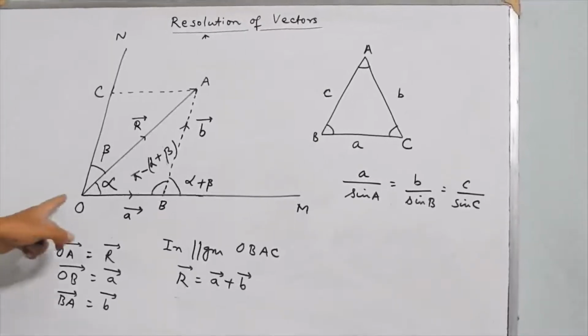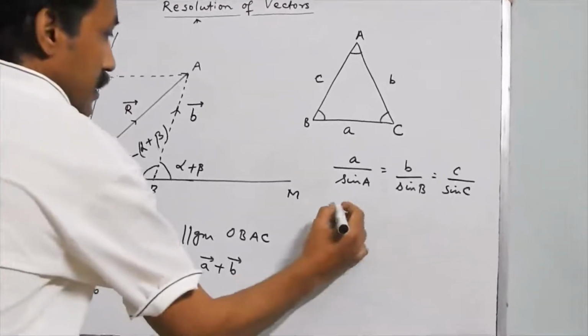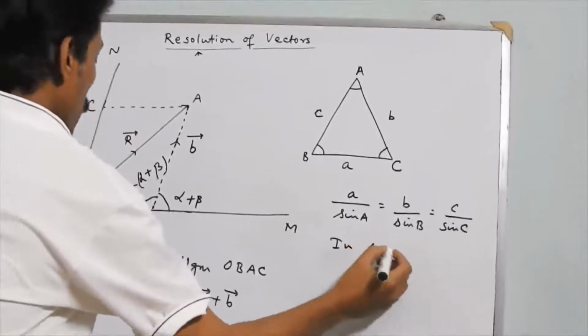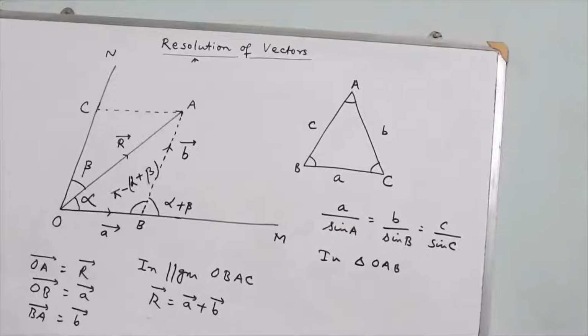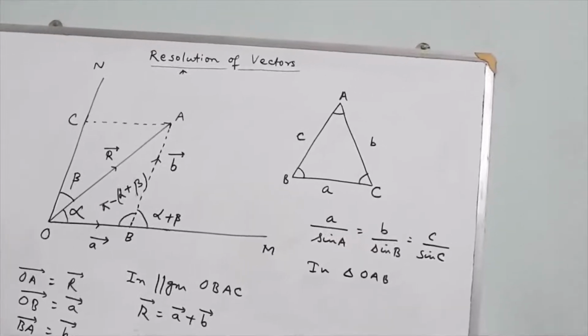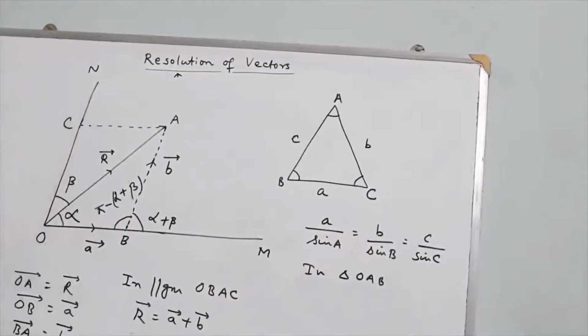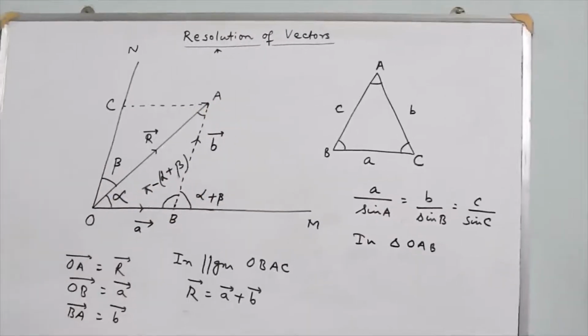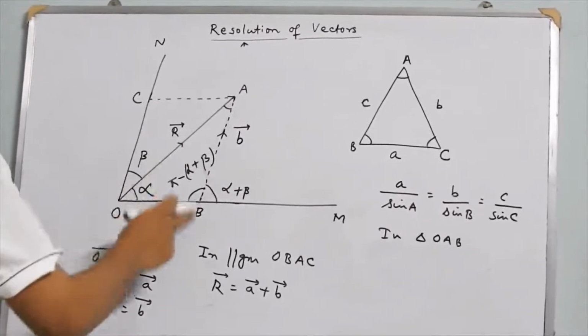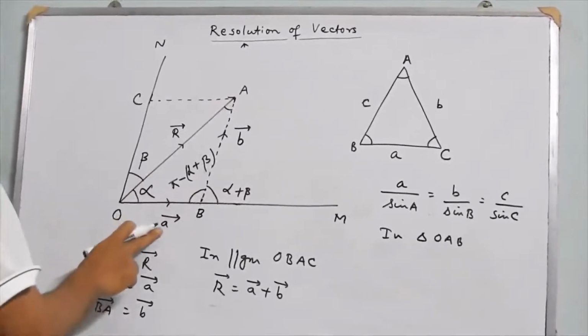So if I apply the same rule in this triangle OAB, what I will get is, this is angle OAB, so I have to take this side.